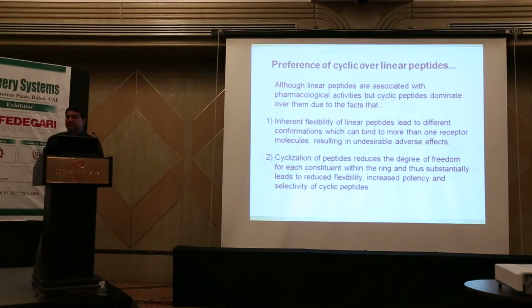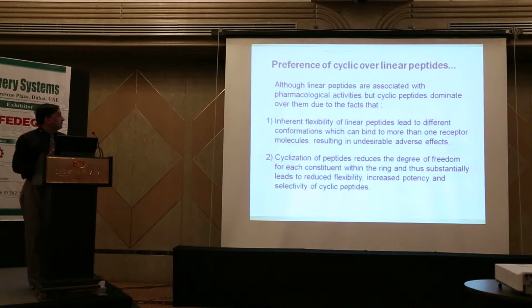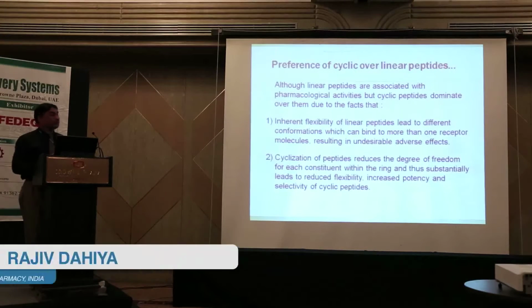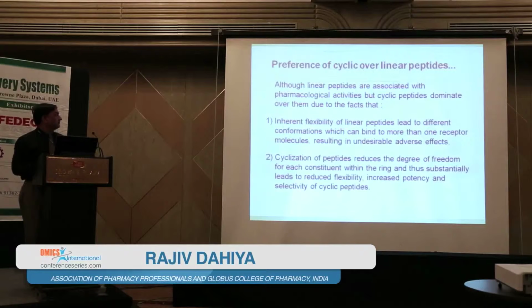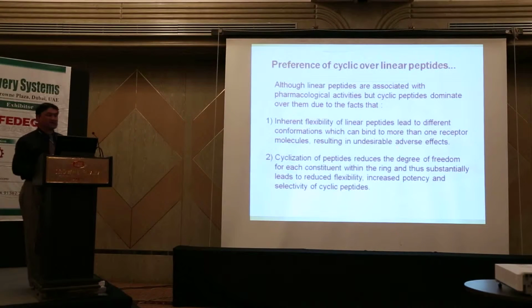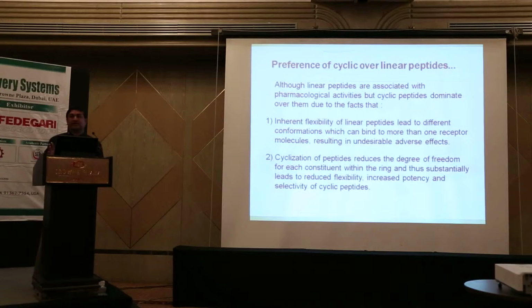Whenever we compare cyclic and linear peptides, the cyclic are usually preferred over the linear one due to two main reasons. Inherent flexibility of linear peptides leads to different conformations which can bind to more than one receptor molecule, resulting in undesirable side effects. I think all are well aware of the lock and key mechanism of enzyme theory.